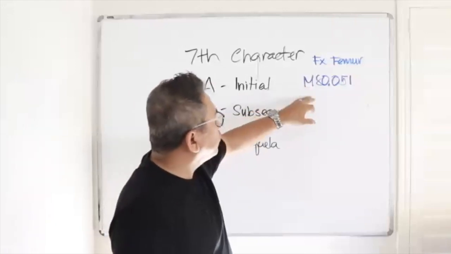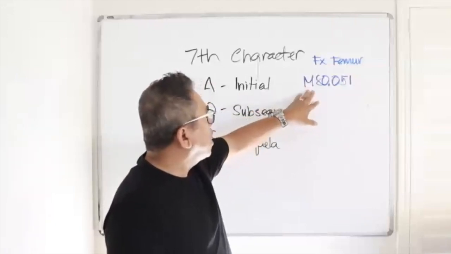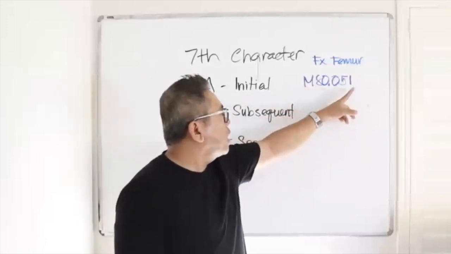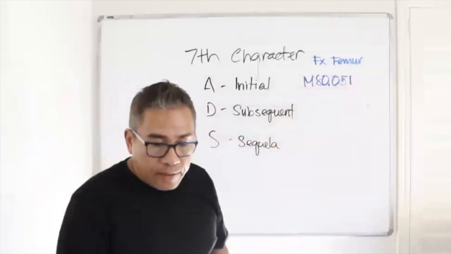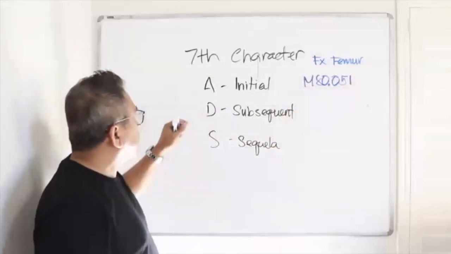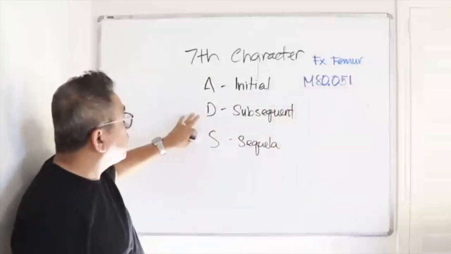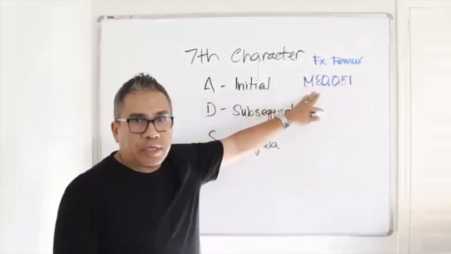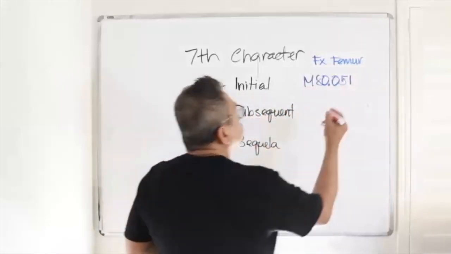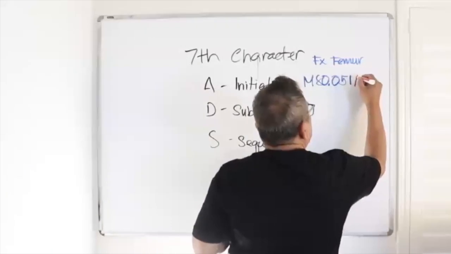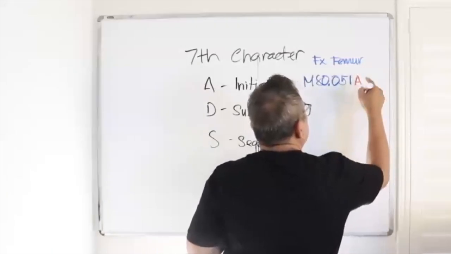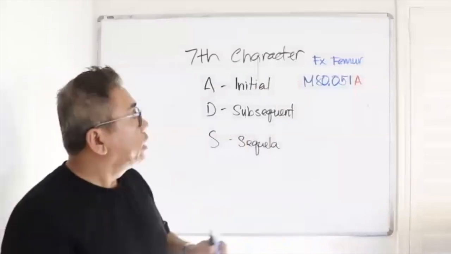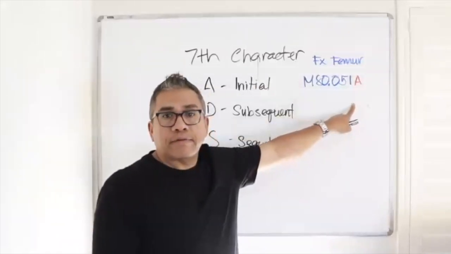Your code here is only composed of 6 characters. 1, 2, 3, 4, 5, 6. Correct? The 7th character, which is these guys here that are very common for every injury, like a femur fracture here, in order for the payer to understand whether this is a fresh injury or an old injury, you have to assign a 7th character.